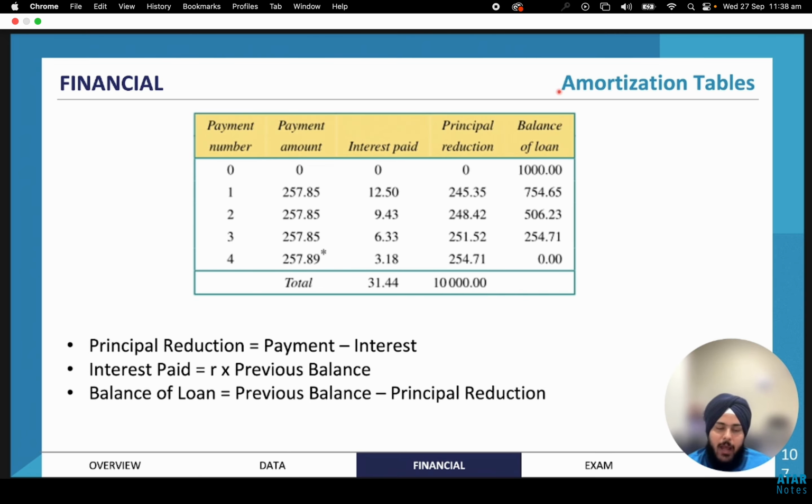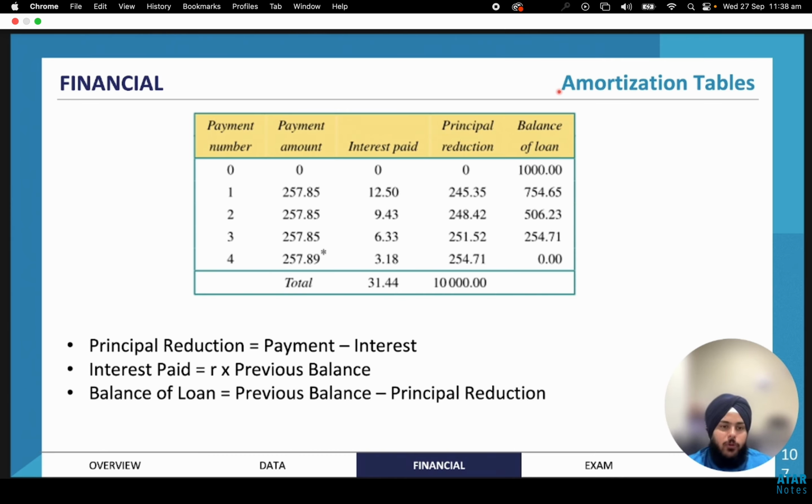Just quickly, before we move on to the last part of the section, we're going to look at amortization tables. Amortization tables are essentially a useful tool to illustrate basically any type of financial situation, either a loan or an annuity investment, probably not a perpetuity.